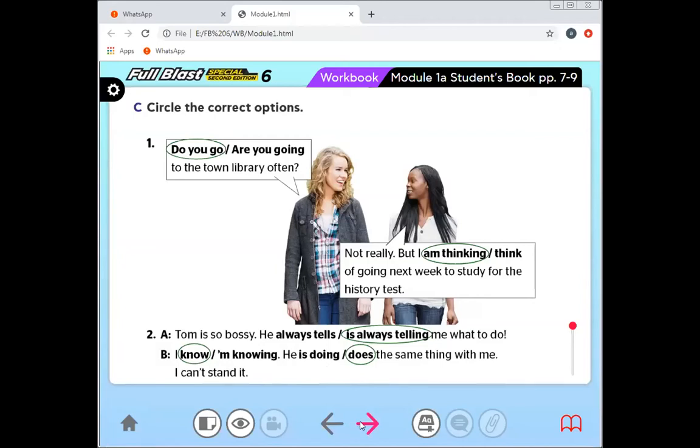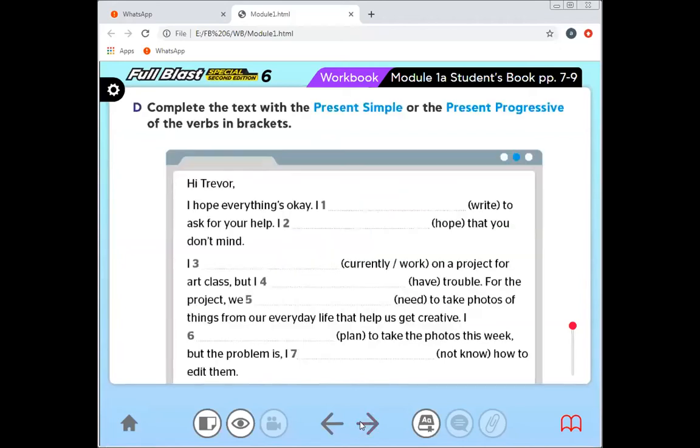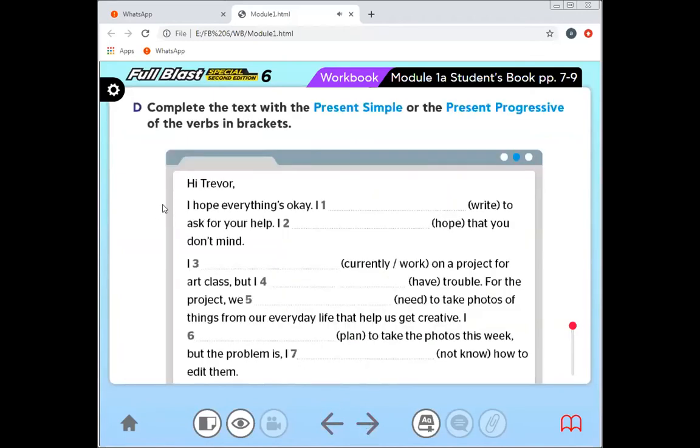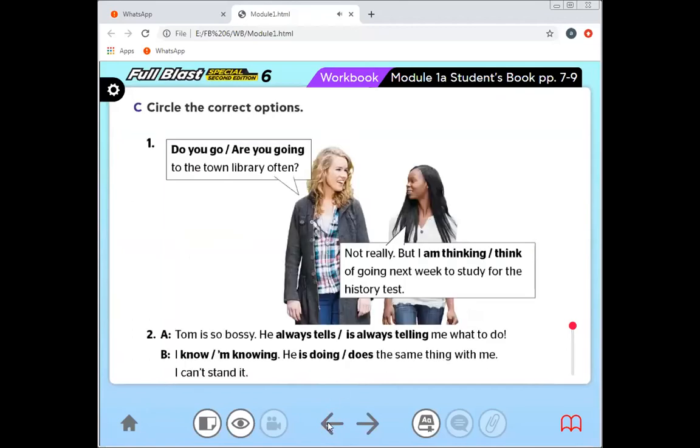Okay. Let's go to the second page or the second board. Because it's simple, my dear. Let's go to this. Complete the text with the present simple or the present progressive. Okay.